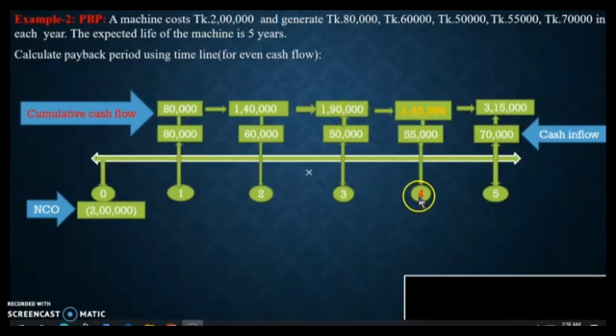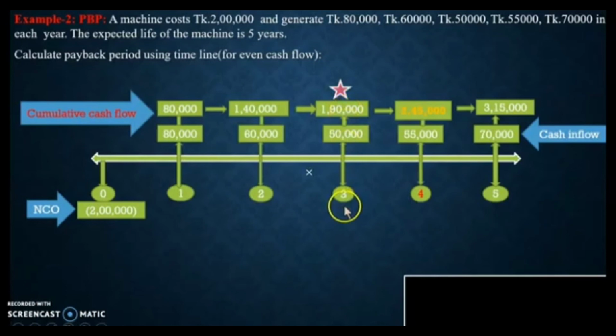So the payback period lies between year 3 and year 4. Full years is taka 1,90,000 and the payback period is located here, after the 3rd year and before the 4th year.